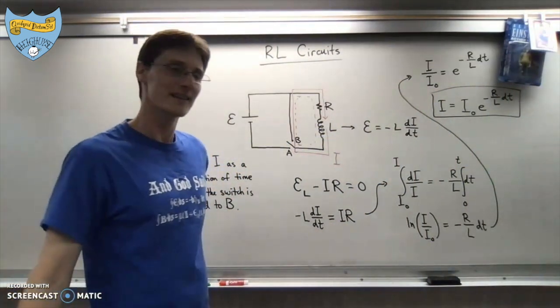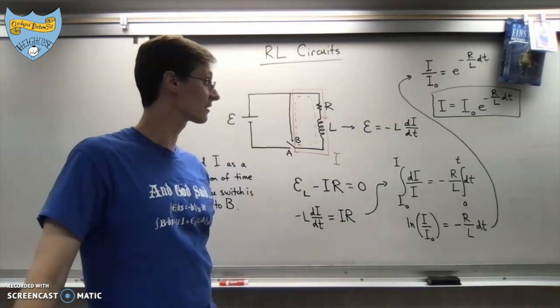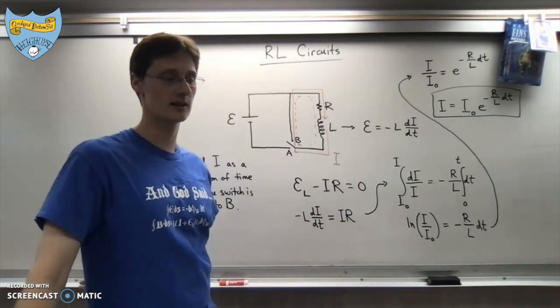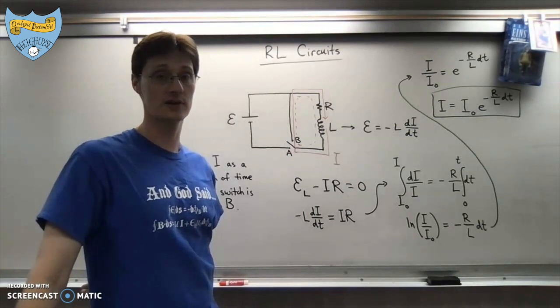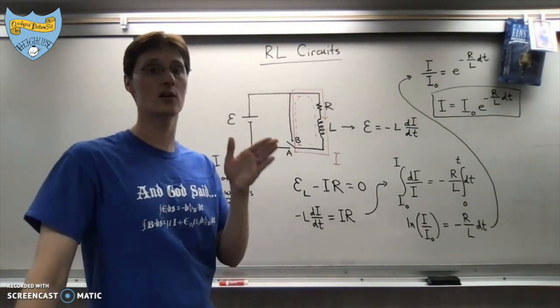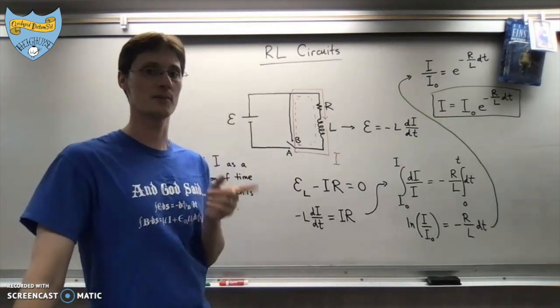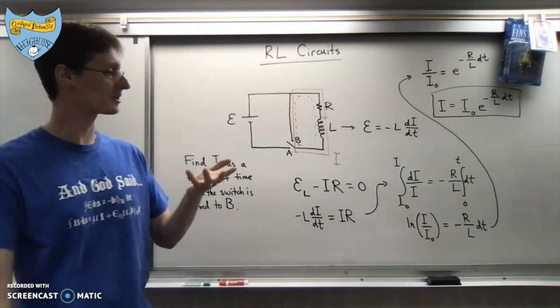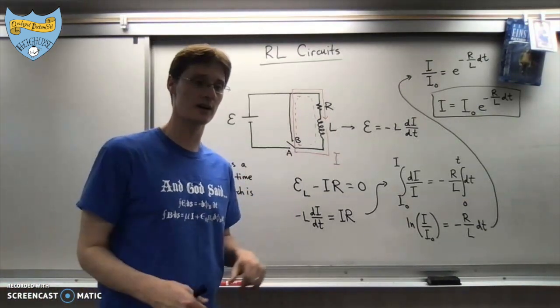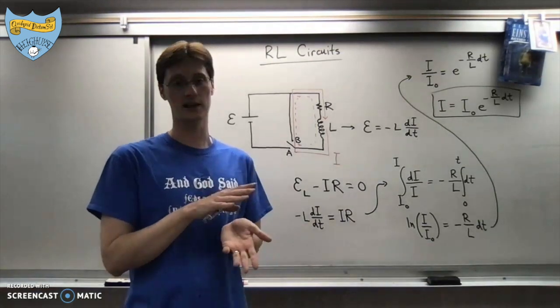Now, the last thing that I'm going to discuss in this video is a contrast between RC circuits and RL circuits, because they actually do operate in kind of opposite ways. Sometimes the AP likes to give questions where they say, here's a circuit and we put a capacitor here and then tell us some things about it.